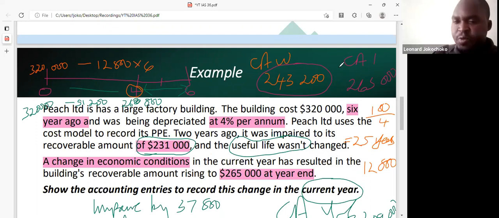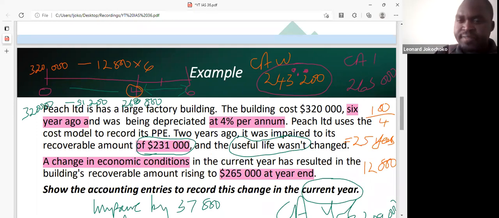Because the principle says you cannot reverse your asset beyond this figure, a fraction of the reversal should go to the profit and loss account as a reversal of impairment. Then any other amount which takes the figure above 243,200 is accounted for as a revaluation.